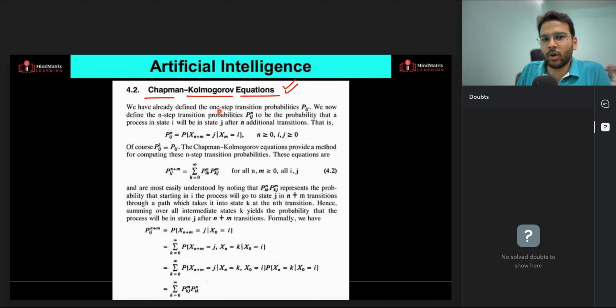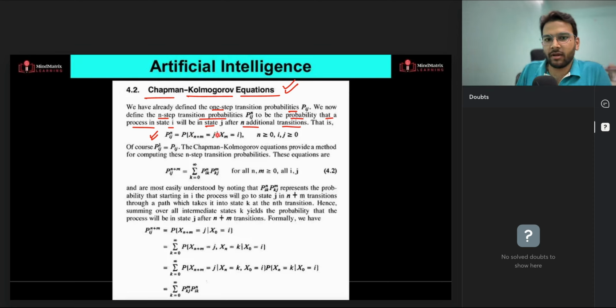We have already defined the one-step transition probabilities Pij. We now define the n-step transition probabilities, that means the higher order transition matrix. When I say higher order, that means power of n. So we define P of ij of n to be the probability that a process in state i will be in state j after n additional transitions, which is P of ij n equal to the probability of X of n plus m equal to j. Here n plus m is the total number of steps.